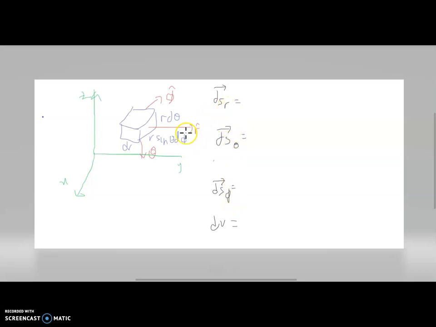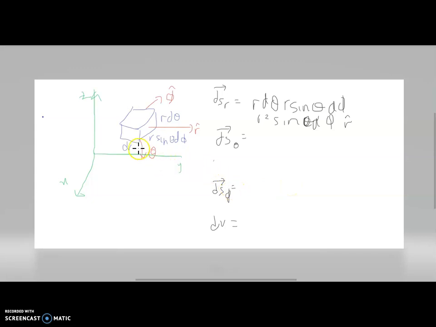So in the r direction, we can know that the length involved is r d theta times r sine theta d phi. Rearranging, you will have r squared sine theta d theta d phi in the r direction.